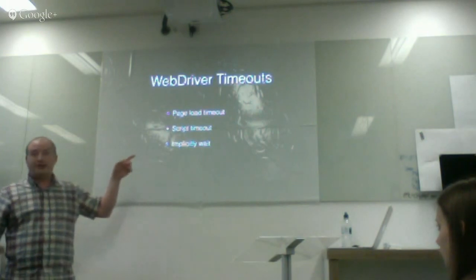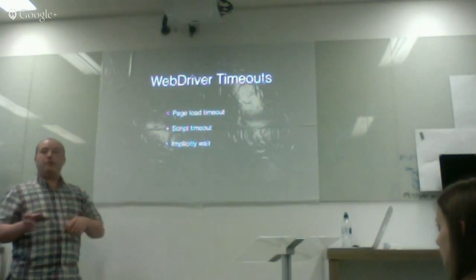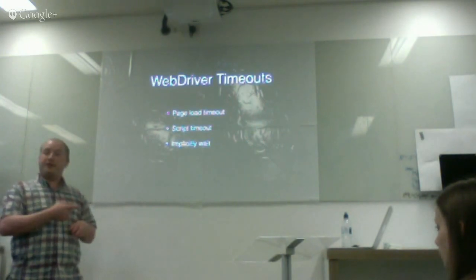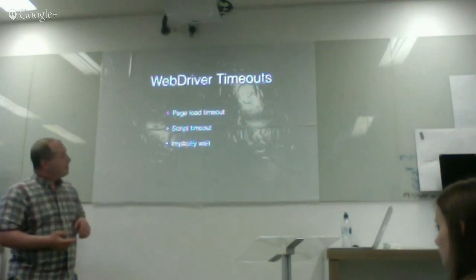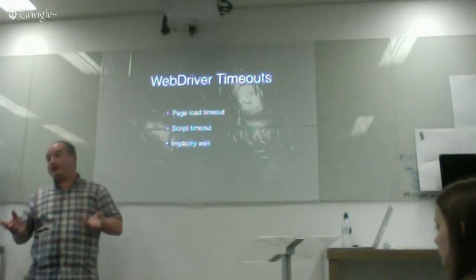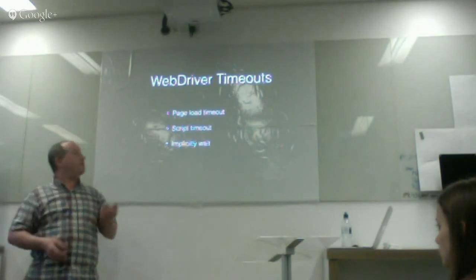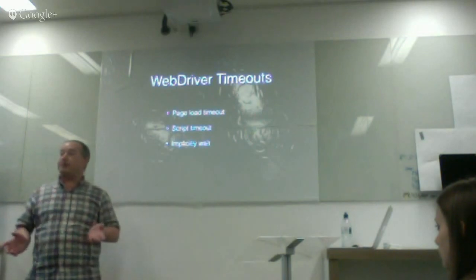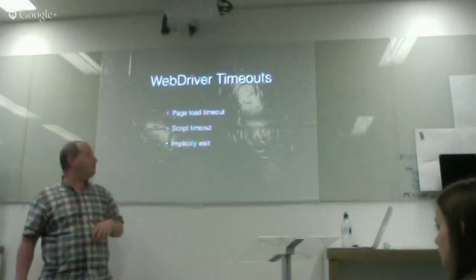What a script timeout does is it tells you how long to wait for that asynchronous script to do its job before it tells Selenium it's finished and gives you the result. If you set your script timeout for 30 seconds and it doesn't get itself back to Selenium in 30 seconds, you get an error, otherwise it will work fine. Again, you've probably not seen that one unless you use the JavaScript executor quite a lot.